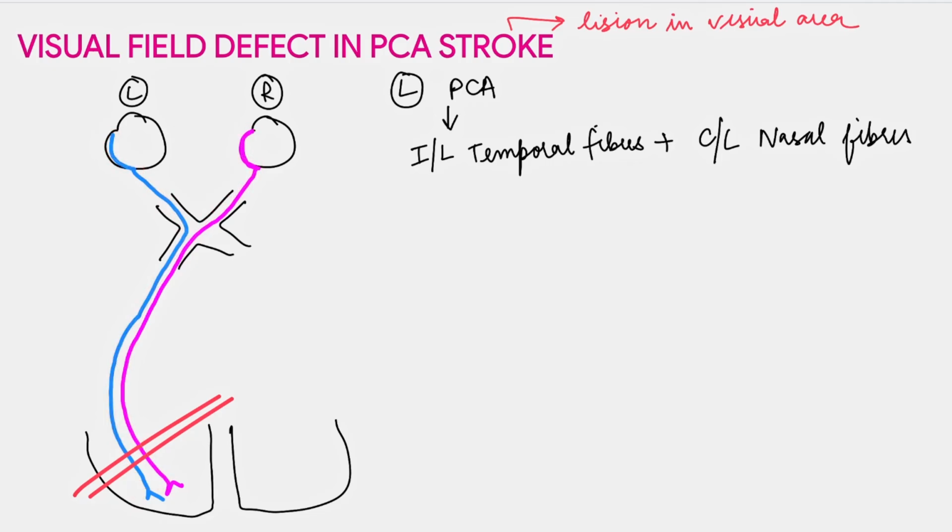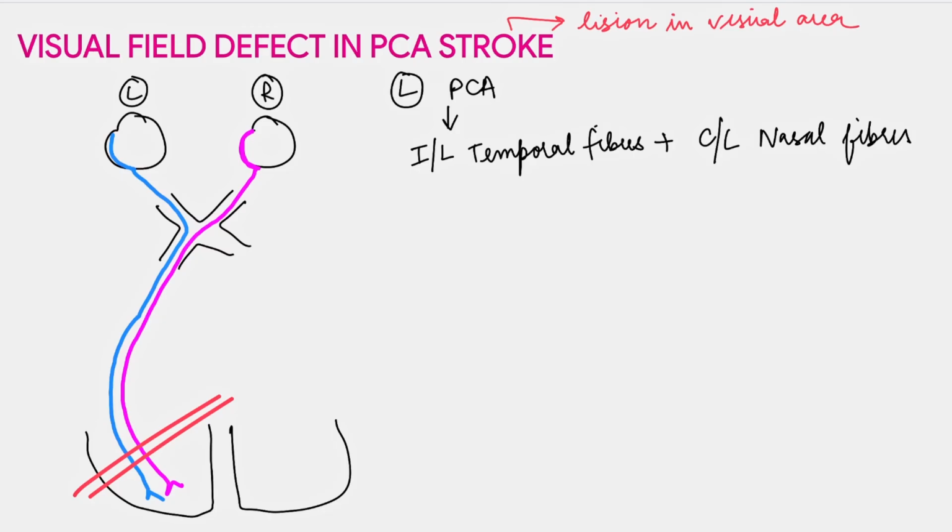Now, in ophthalmology, whatever the fiber is, it carries the opposite field. What I mean is, temporal fibers are responsible for the nasal visual field. Nasal fibers are responsible for the temporal visual field. Similarly, inferior fibers will be responsible for the superior visual field, and superior fibers will be responsible for the inferior visual field.